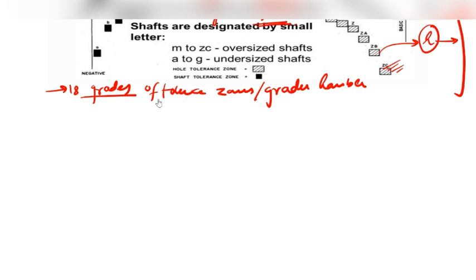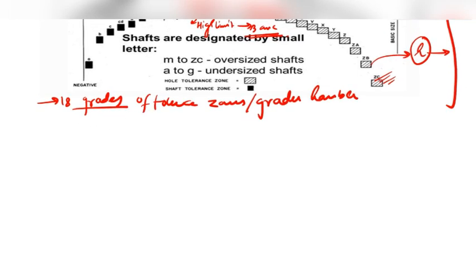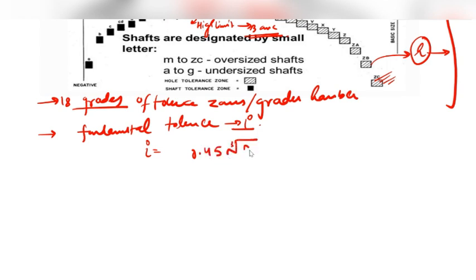Now these 18 grades of tolerance zone are defined by one fundamental tolerance I. So this I is given by 0.45 cubic root of D plus 0.001 D, and this value is in microns.